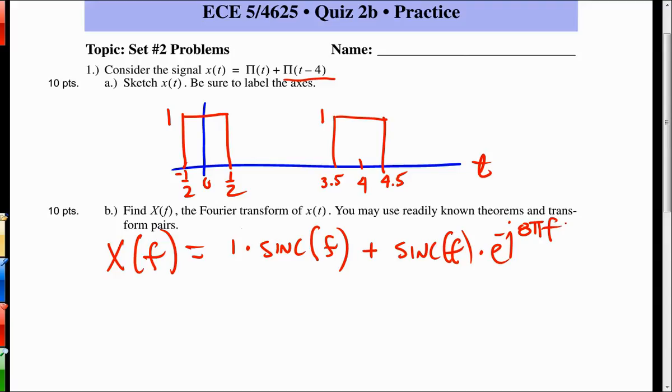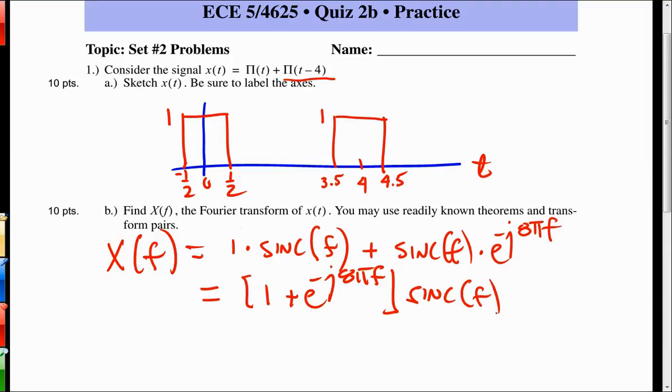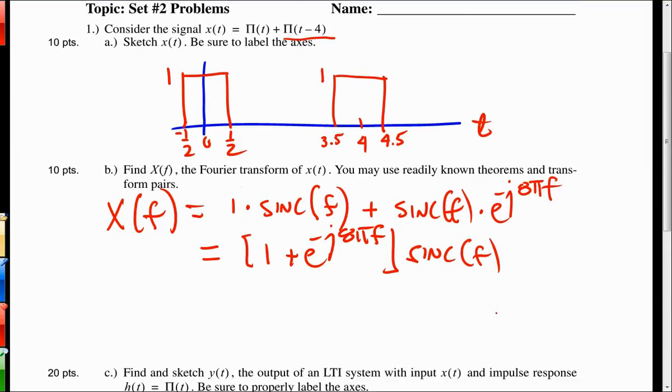Now, if I wanted to simplify this, how can I simplify this? I can go 1 plus e to the minus j 8 pi f. Then what else might I do if I was really wanting to get neatness? E to the minus j 4.